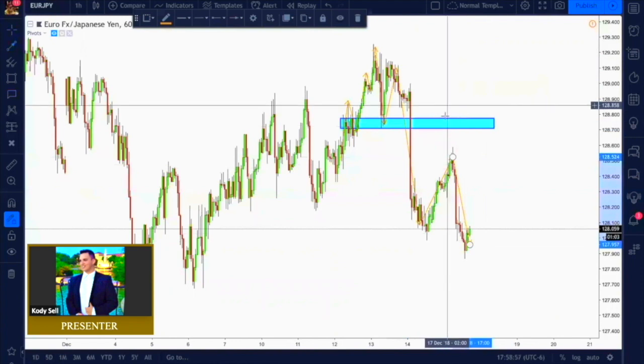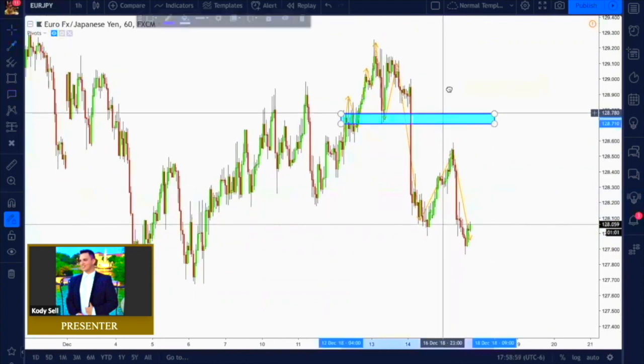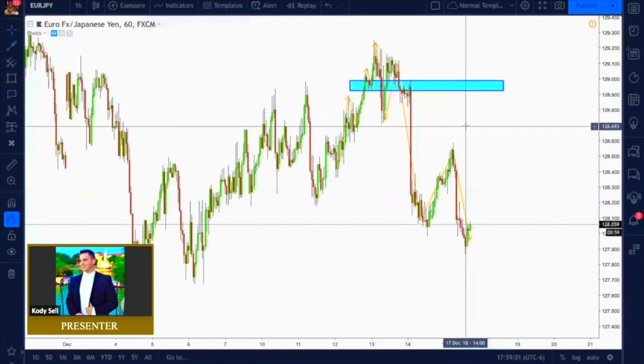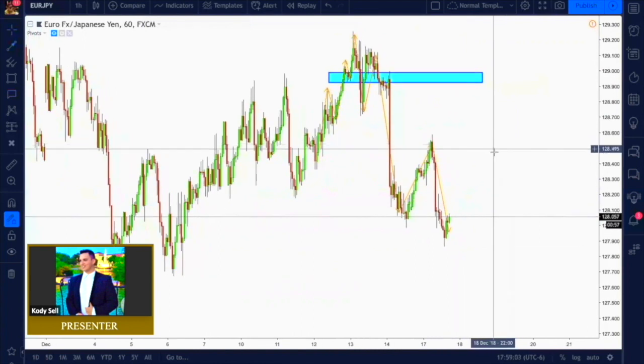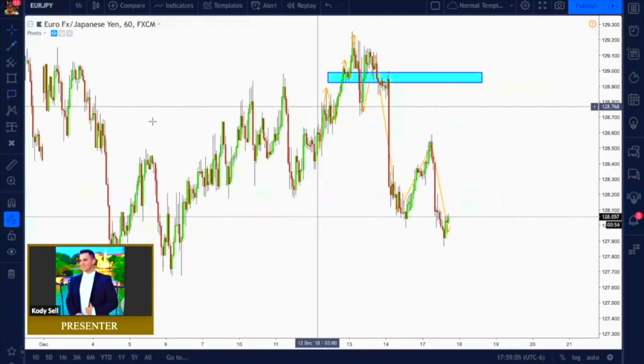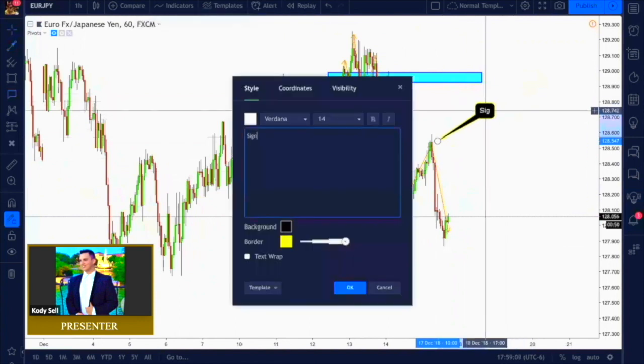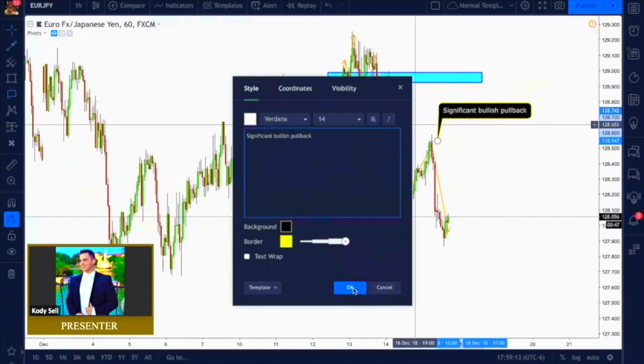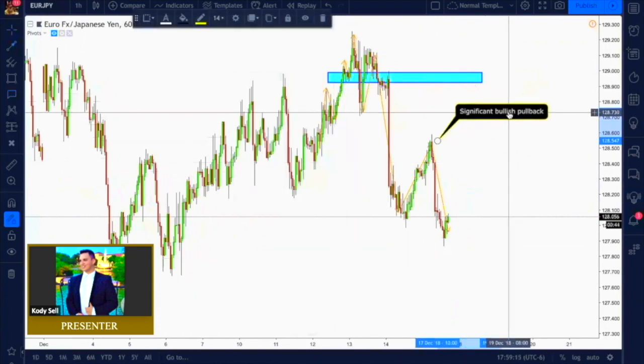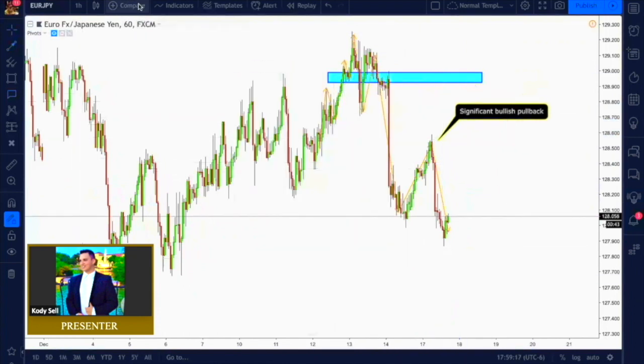But if you compare this to USDJPY, you're already going to notice some pretty interesting differences. One of the differences is we had a significant bullish pullback here that we did not see on USDJPY.